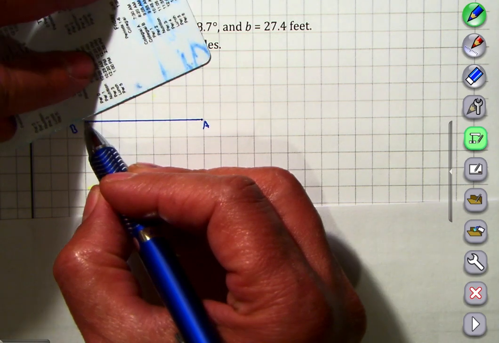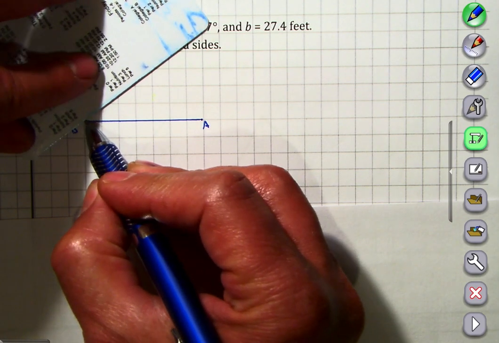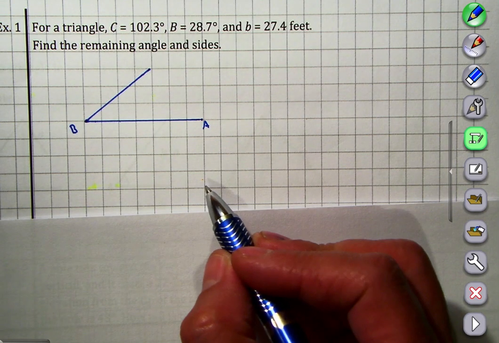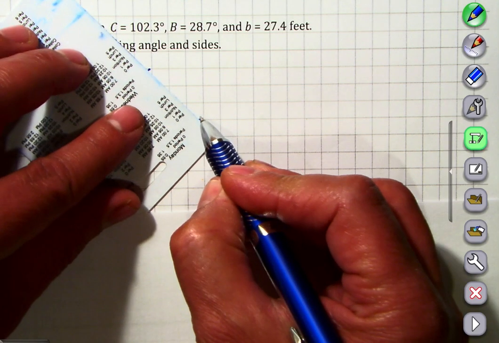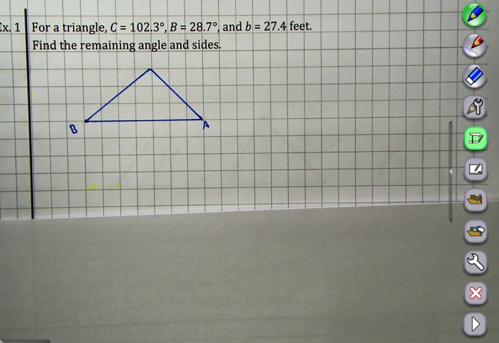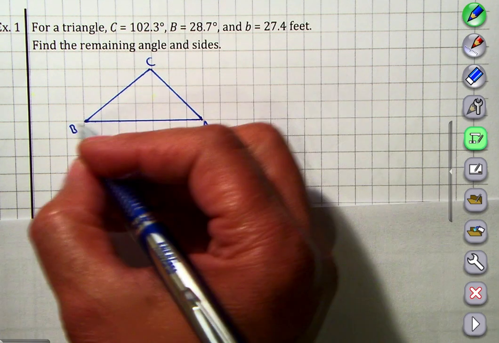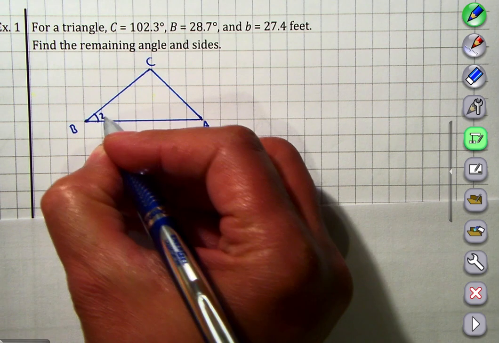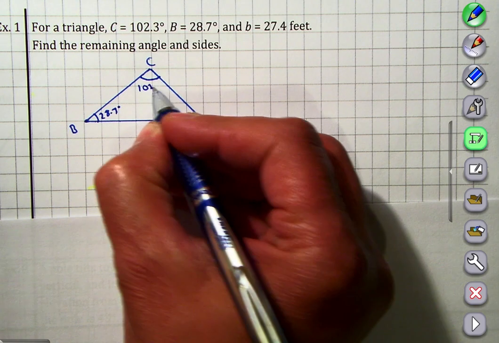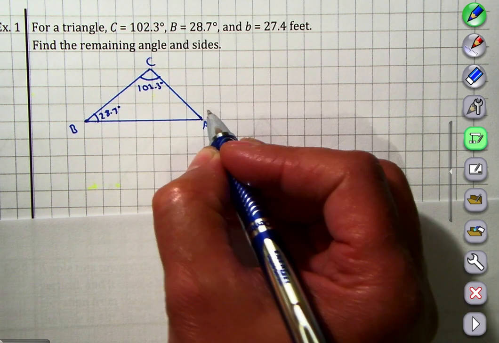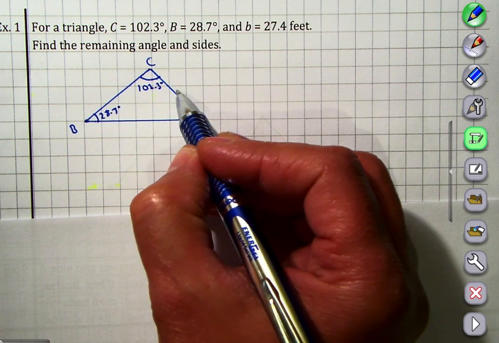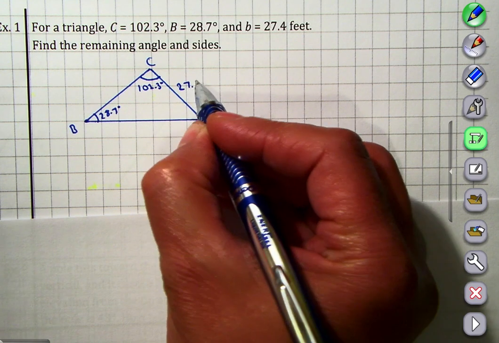Notice that it's going to be hard to draw to scale, especially because we're not too sure of the other sides. So in this case, I decided that this was going to be angle B, which is 28.7. Angle C is 102.3 degrees. We're looking for angle A. And side b is opposite angle B, so therefore this is 27.4.